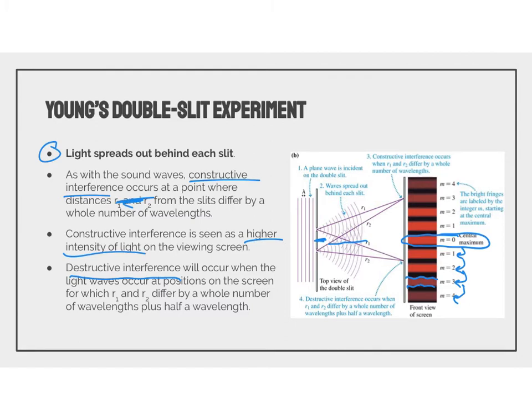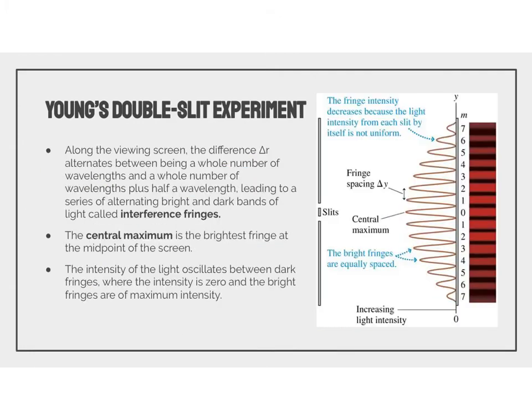In between these bands, right up here, not a great picture, but there we get what we call dark fringes. The dark fringes are where we get destructive interference. So the light waves, there's a crest of one wave and a trough of the other wave, and those waves cancel out, and that's where we get darkness. So again, more evidence that light does act like a wave.